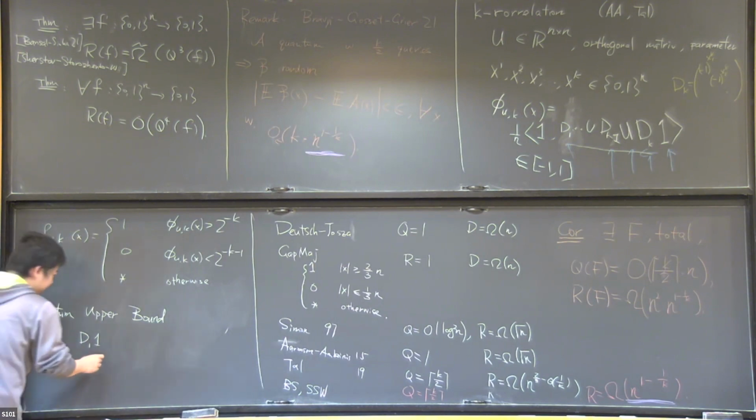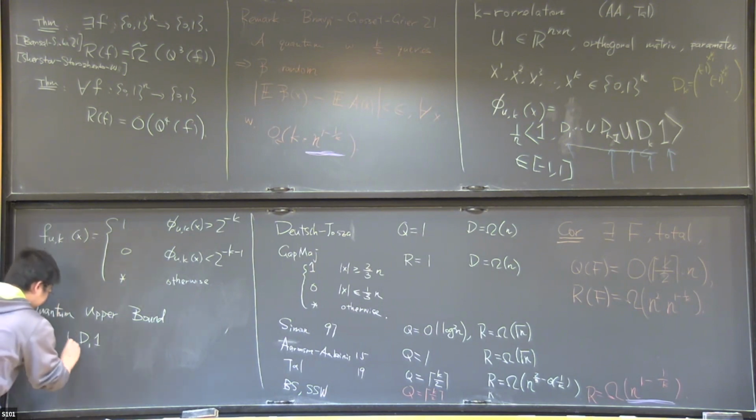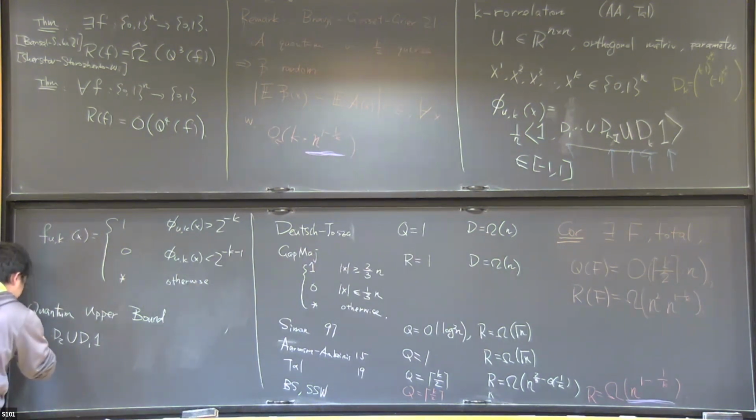So on the left, you have the O1 vector times the diagonal matrix of the first vector times the orthogonal matrix U times the diagonal matrix of the second vector, etc., until the diagonal matrix of this K over 2 matrix.